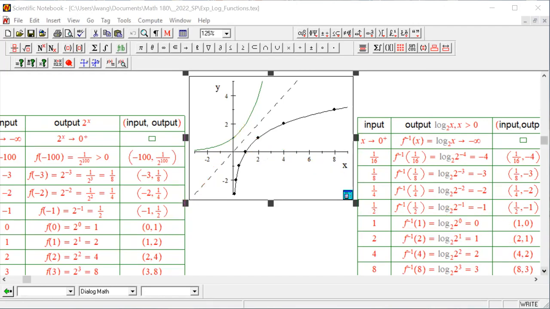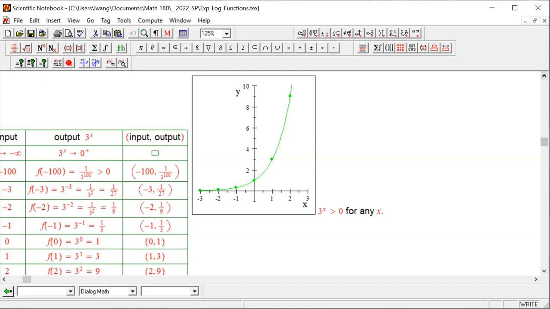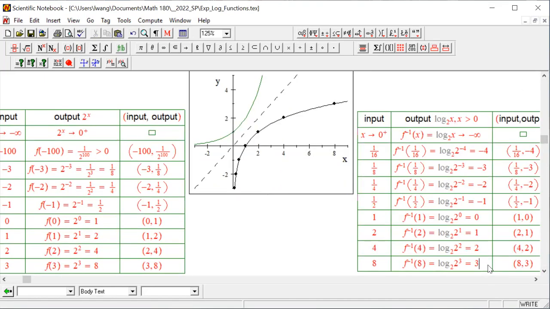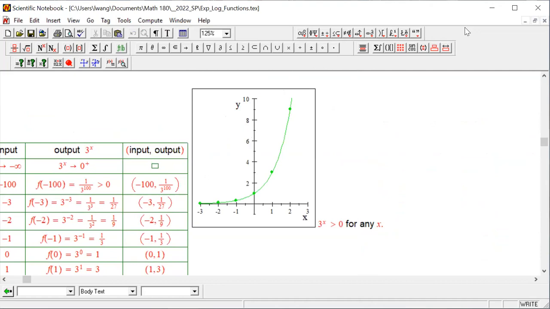And we're also reminded of the definition. Let's see, I'm going to bring it to the end.